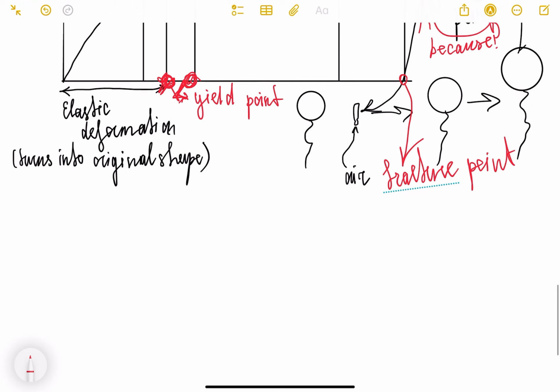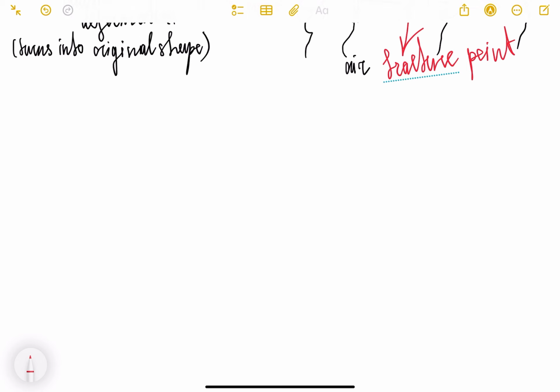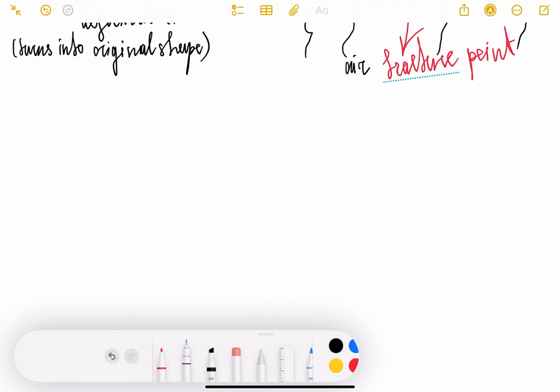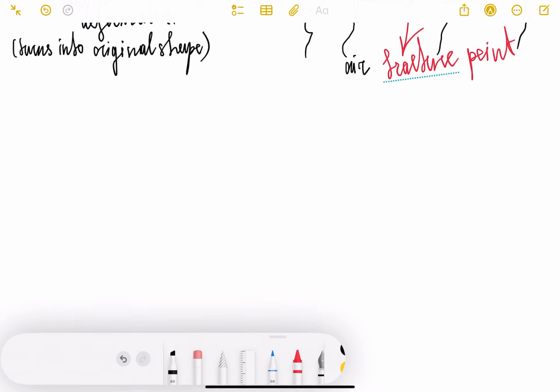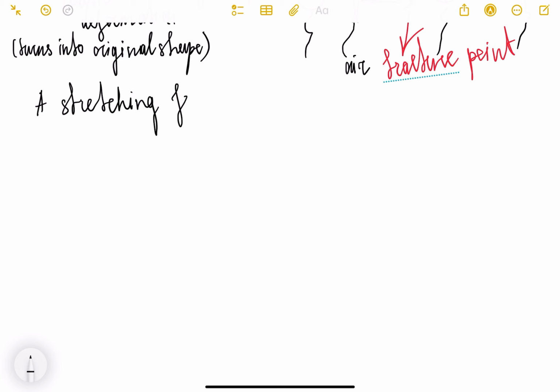I think that's it. So, here are some questions. The first: a stretching force is called what? What is a stretching force?